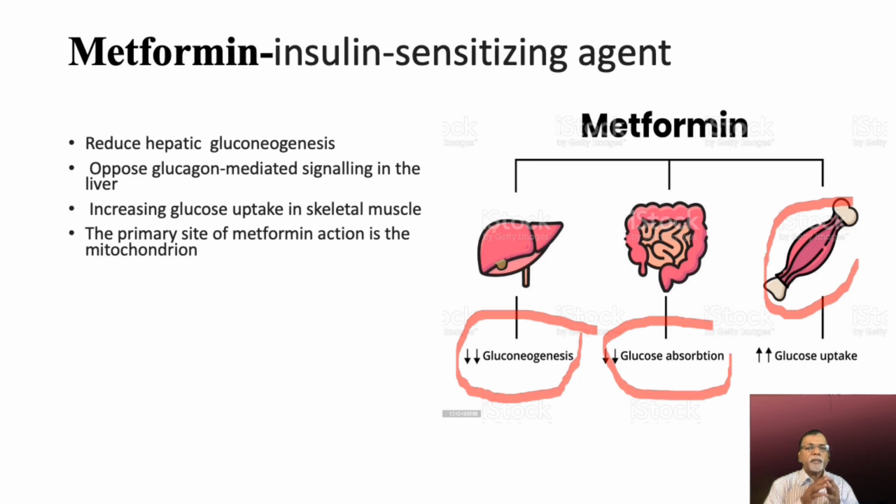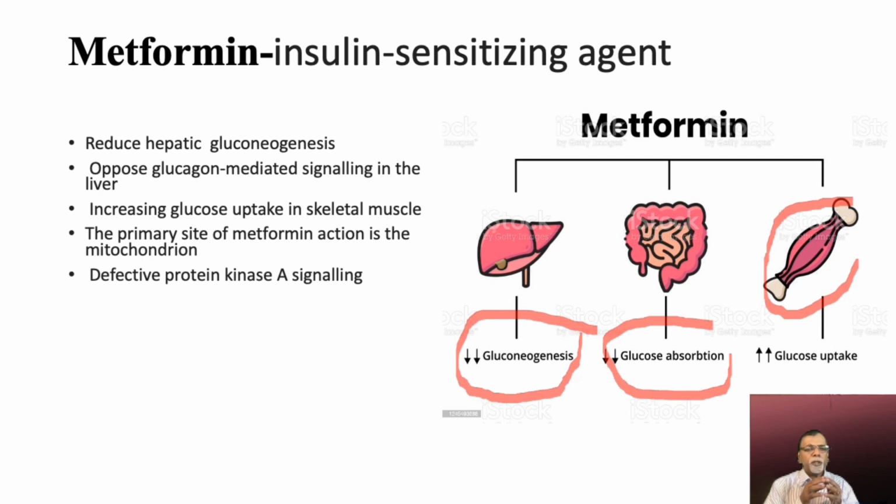What is the mechanism of action? The primary action or the site of action for metformin is in the mitochondria. So that is why the drug takes some time for the action. This action is said to be due to its effects on the lipid metabolism. The protein kinase signaling is interfered with.